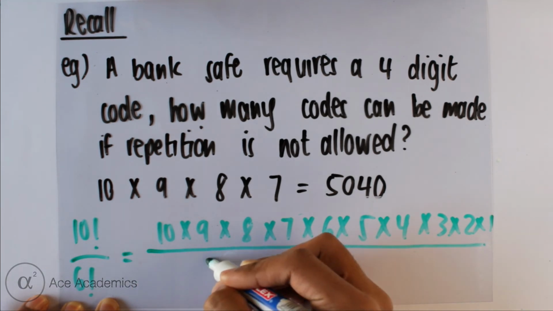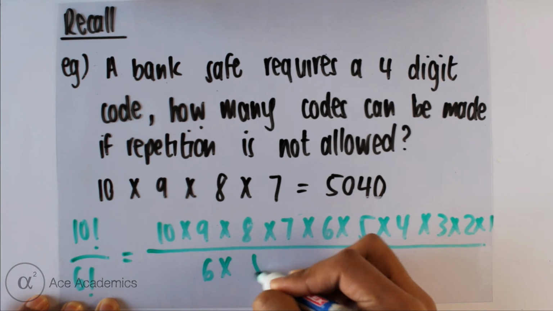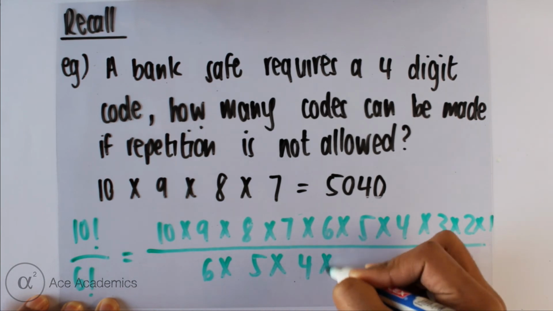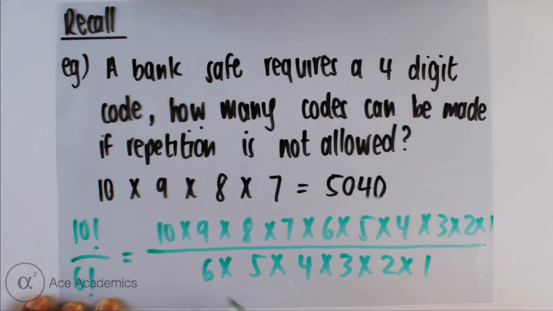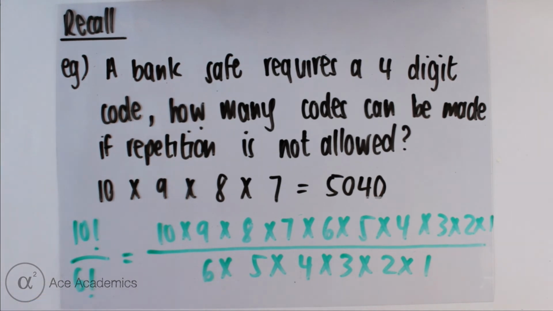And 6 factorial is simply 6 times 5 times 4 times 3 times 2 times 1. And the numbers 6, 5, 4, 3, 2 and 1 will cancel in both the numerator and the denominator, and we'll be simply left with 10 times 9 times 8 times 7.